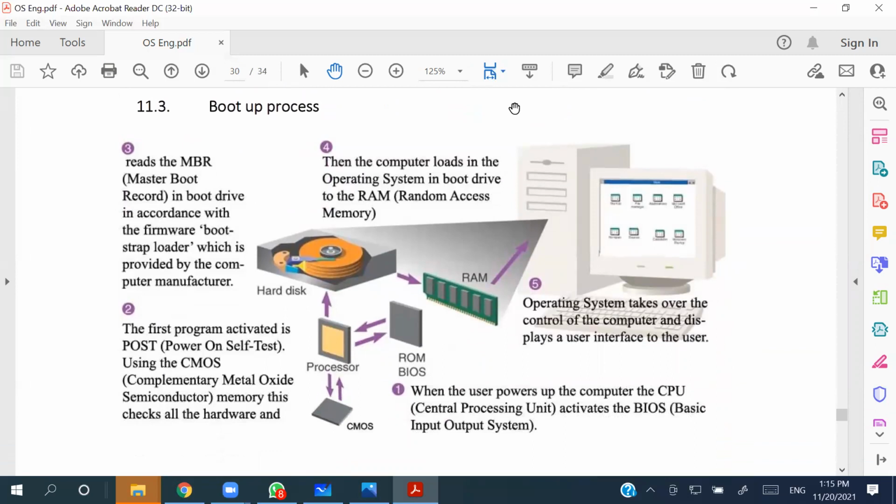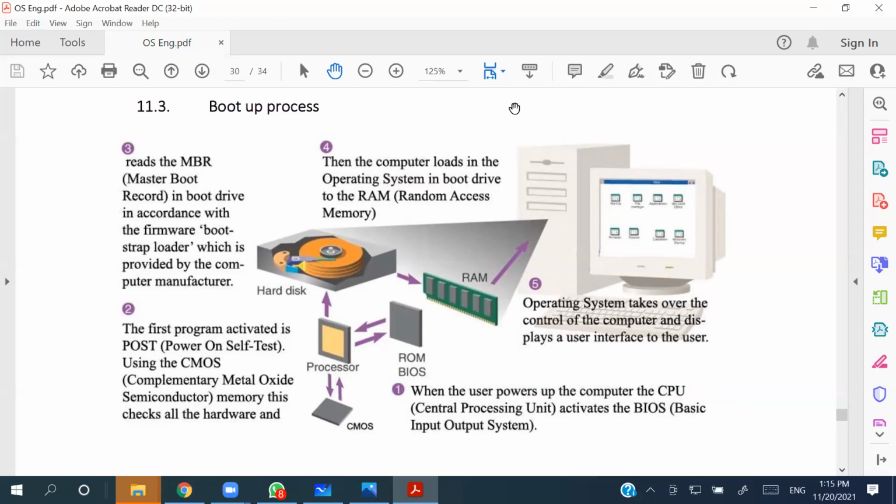So the boot up process explains how the operating system comes to the computer at the very first time. Right, so what happens when you press the power button of the computer or the system unit? The first thing that happens, it will power up the CPU and the motherboard.